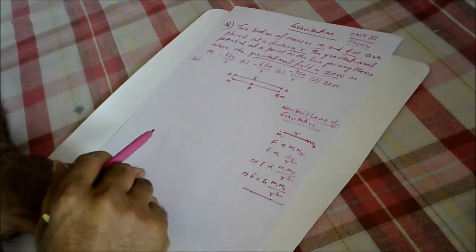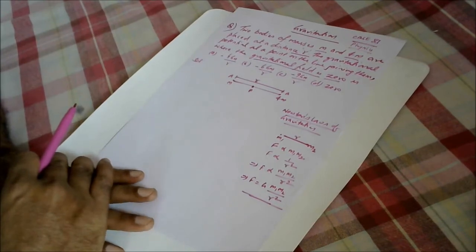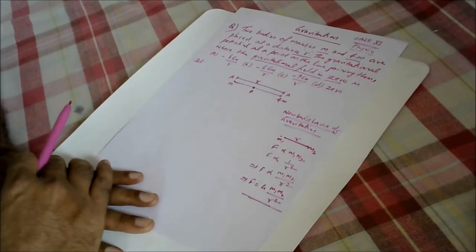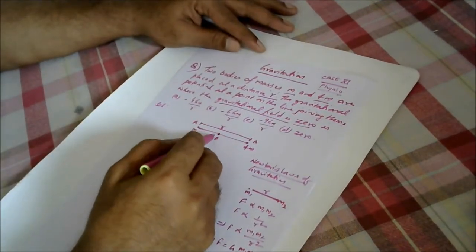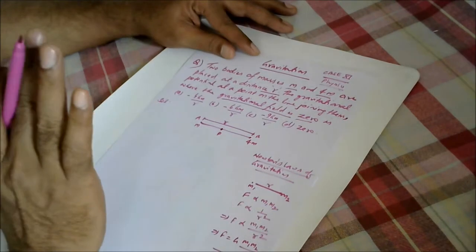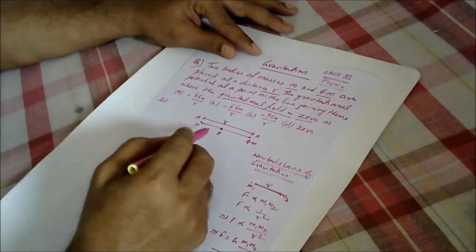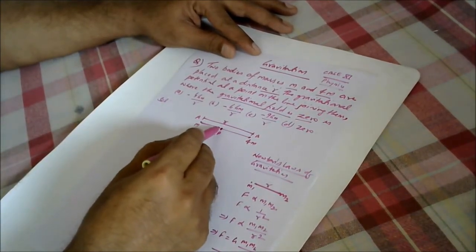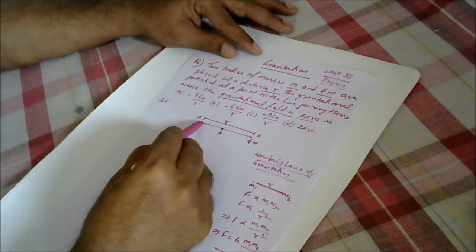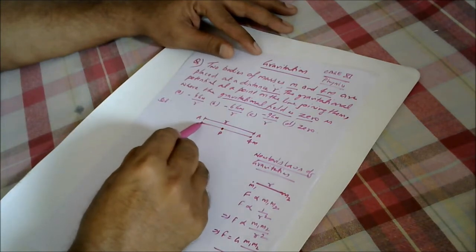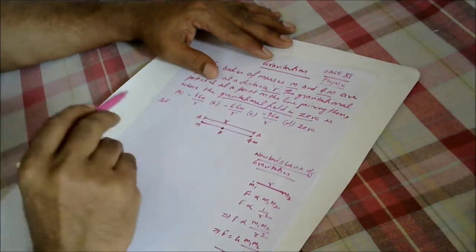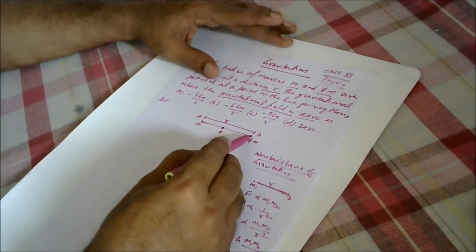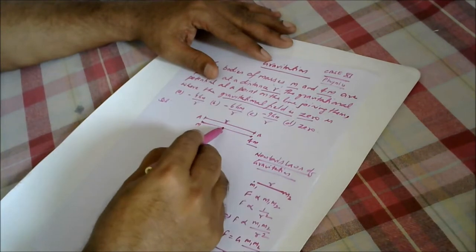So this Newton's law of gravitation we are applying to find the gravitational field. Suppose we consider a unit mass at point P. For the time being, we will consider a unit mass at this particular point. It means the force of attraction between m and the unit mass at point P will be equal to the force of attraction between 4m and the unit mass.